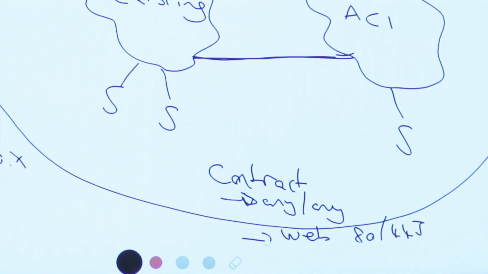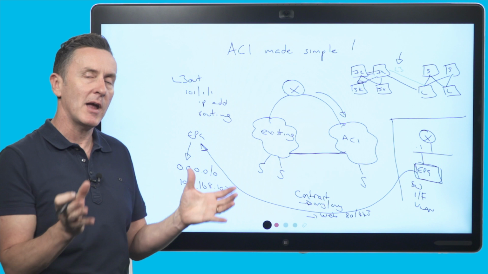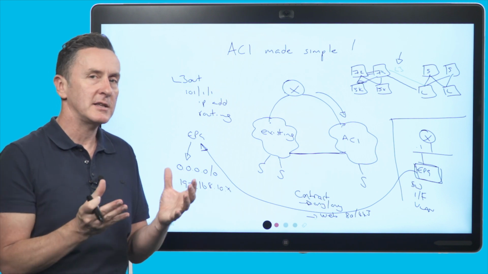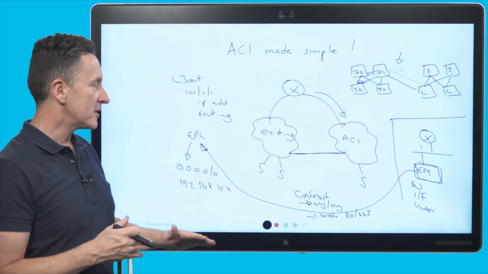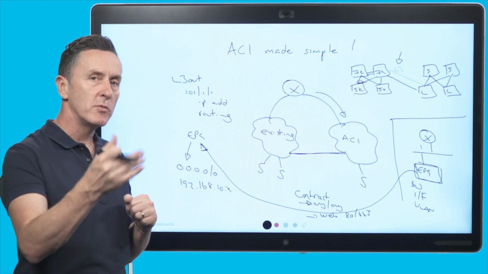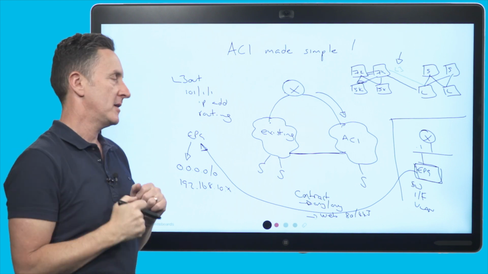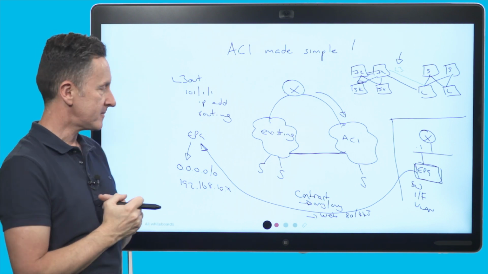So I can go from being very open to much more secure. But customers don't need to think that they need to jump in at the deep end and understand every application on their network, all the connectivity rules. They can simply start off with a permit any, provide the connectivity, and then go more secure afterwards. So again, very simple building blocks, how we construct the network.